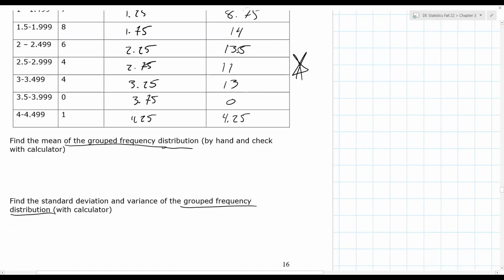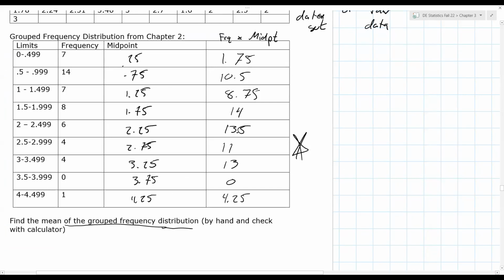All right, so I went into my calculator, found all of those values, and now I can add those all up.